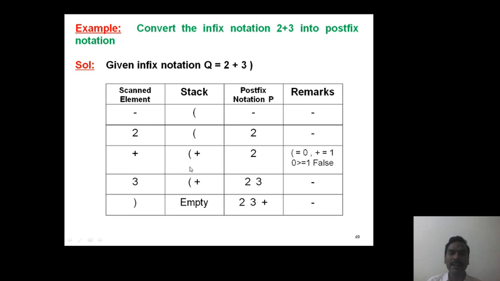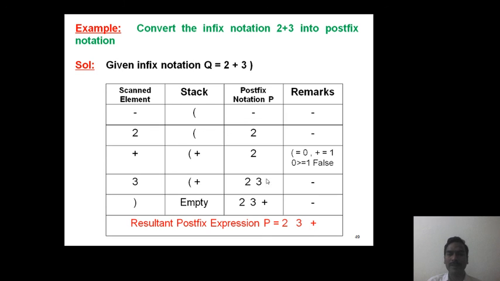After deleting the left parenthesis, the stack becomes empty. Whenever the stack becomes empty, we terminate the process. So finally, the resultant postfix expression is 2 3 plus. This is the way of converting an infix expression into postfix notation.